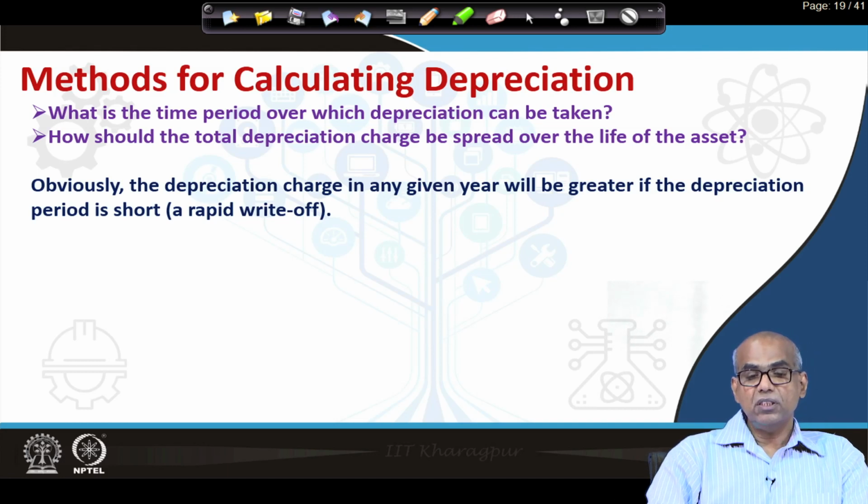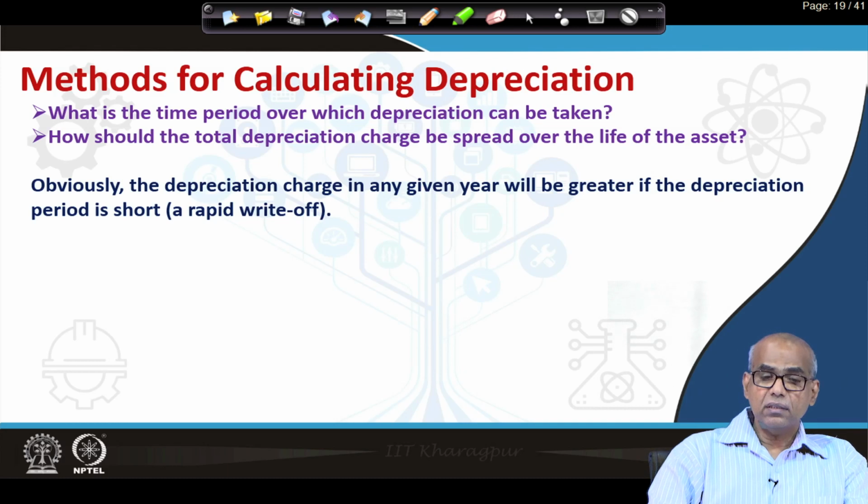Obviously, the depreciation charge in any given year will be greater if the depreciation period is short, because the total amount of depreciation that can be charged is fixed, that is basically the original cost of the asset. So, we can only recover that much over the recovery period.